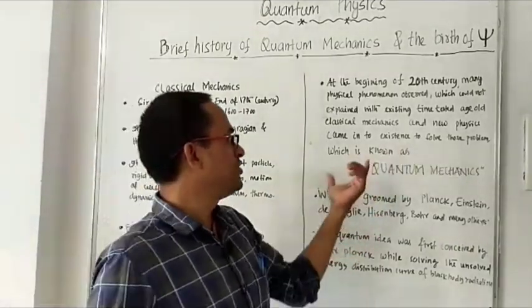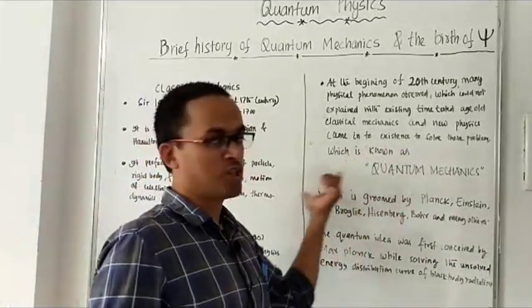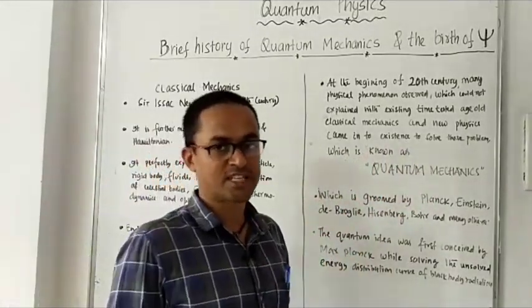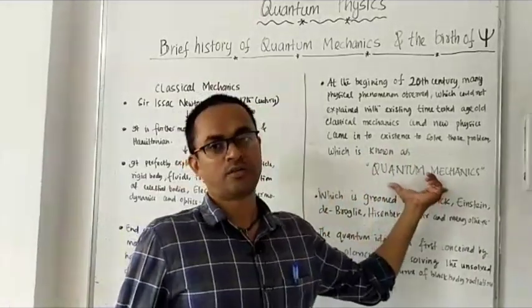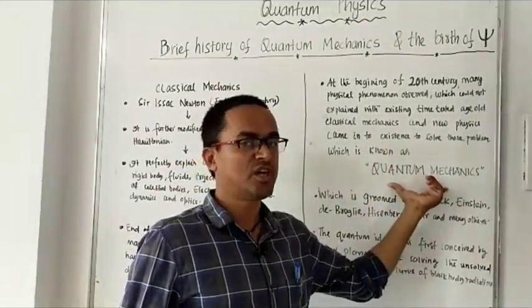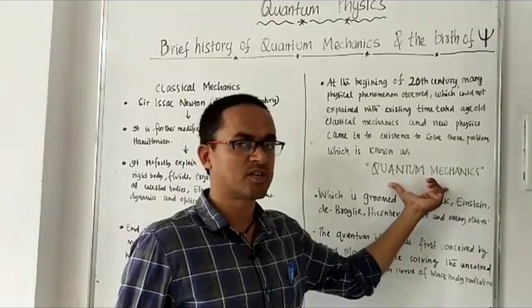Then a new physics came into existence to solve these problems, and this is known as quantum mechanics. This is the history of how and why quantum mechanics came into the picture.